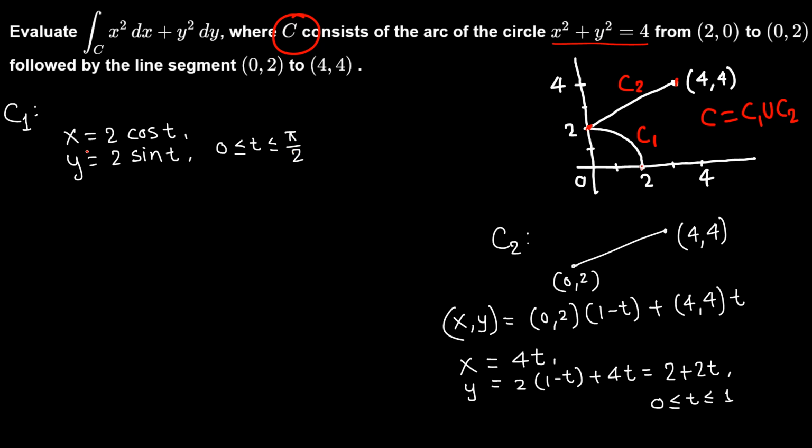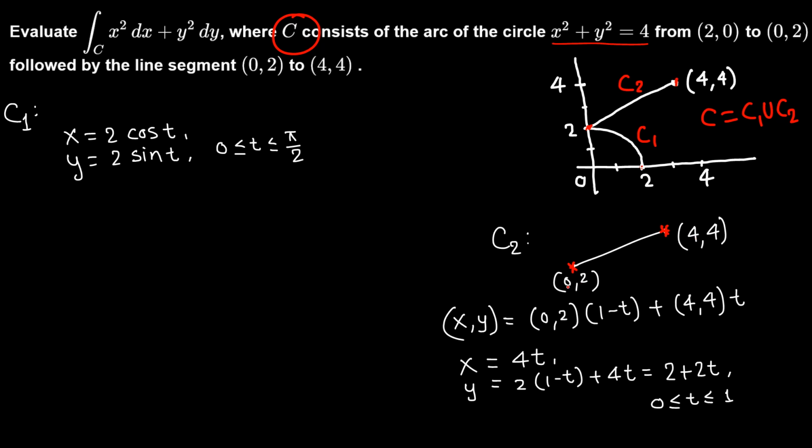That's for C1. Now for C2, which is a line segment from (0, 2) to (4, 4), the point (x, y) will be the first point times 1 minus t plus the second point times t, where t runs from 0 to 1.